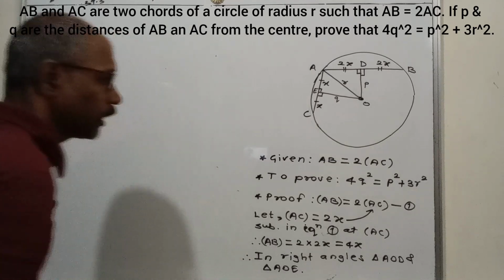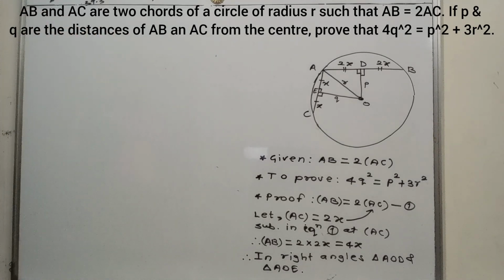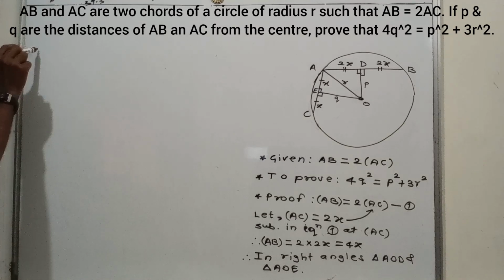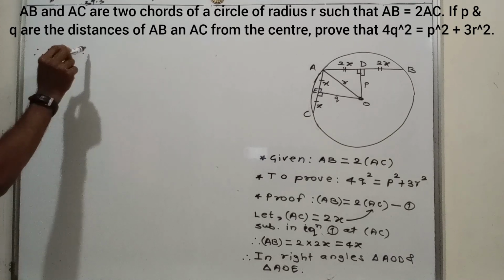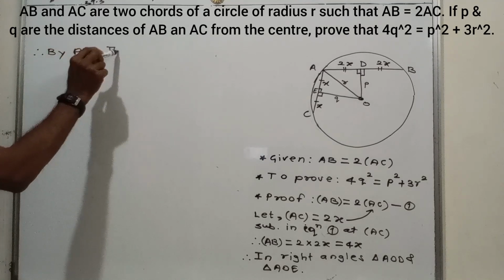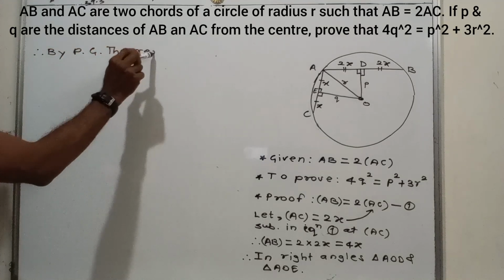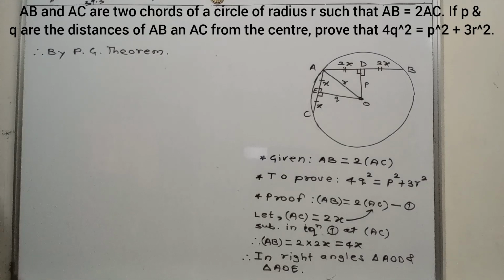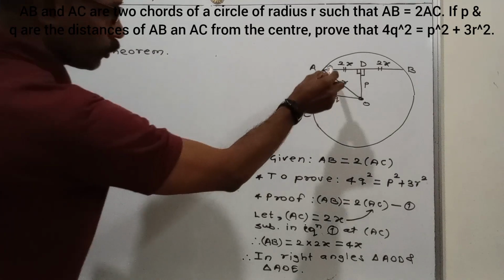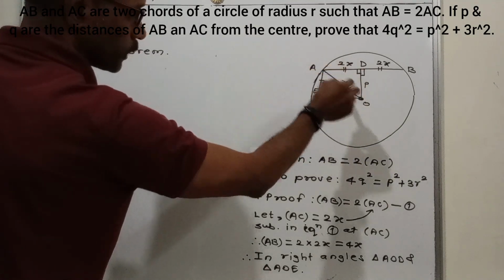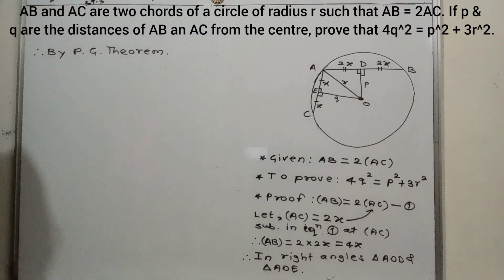In these two triangles we apply the Pythagoras theorem. We apply this Pythagoras theorem in both these right angle triangles AOD and AOE.